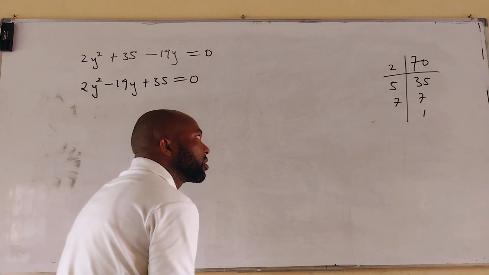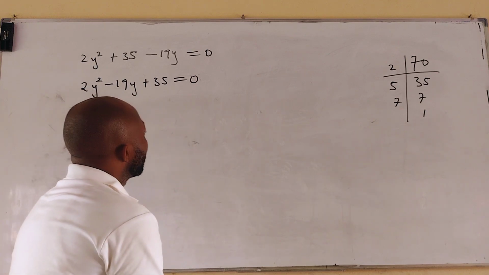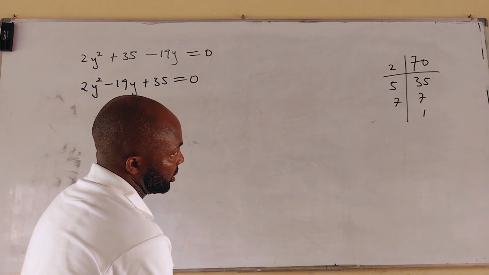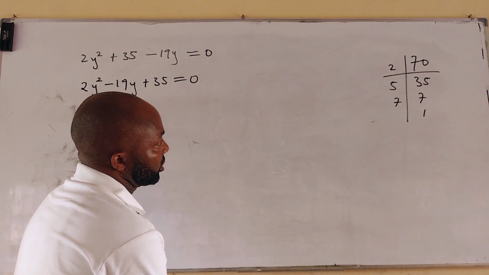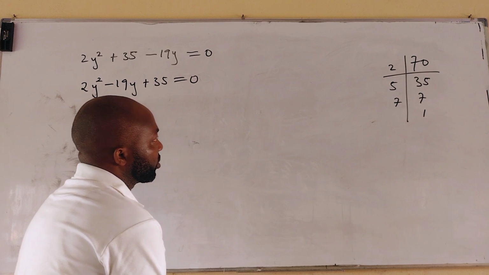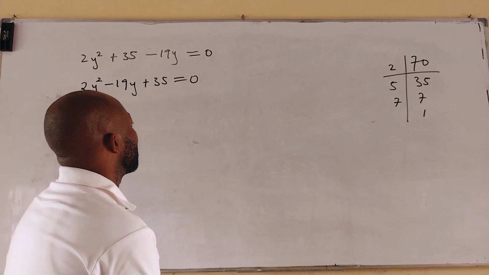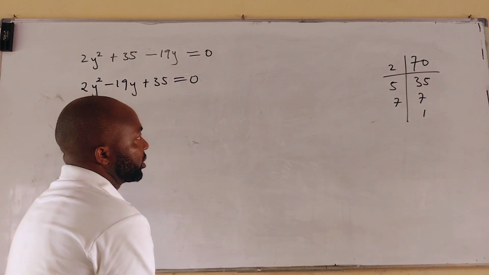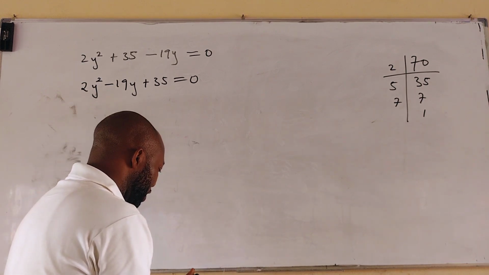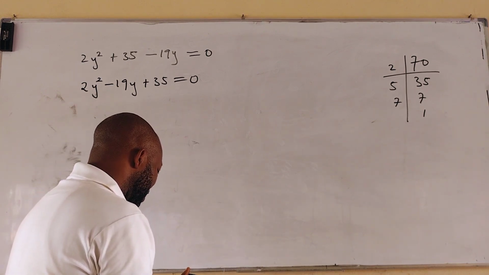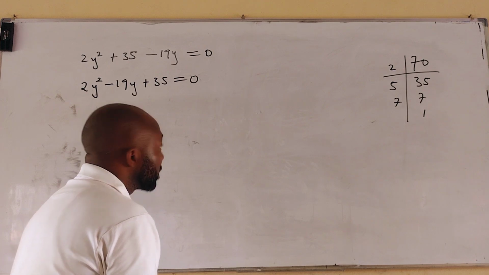So let us look. We are looking for 19. Yes, it's 35, 10 plus 7, 19. Okay, again. 70 divided by 2, let's check. 70 divided by 2 is 35.